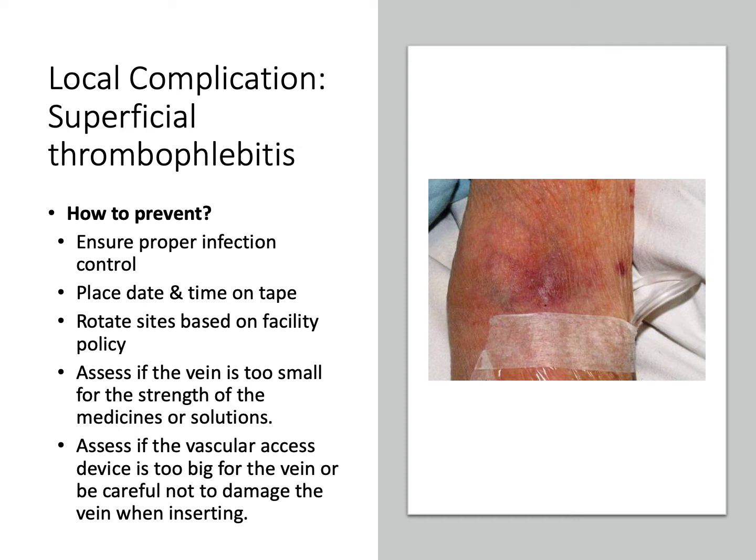Always have the date and time on the IV site. Rotate sites as per policy. Always pay attention if your vein is too small for the size of the catheter needed, or the strength of the medicines and solutions, like I've already said. And also make sure that you're always able to see your IV site.